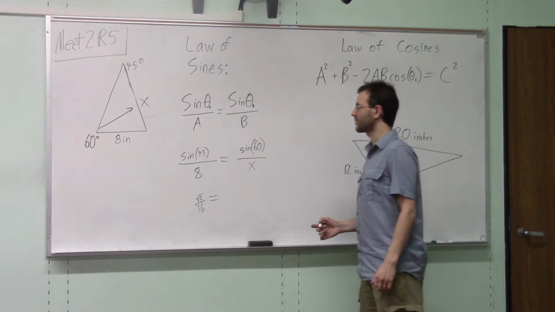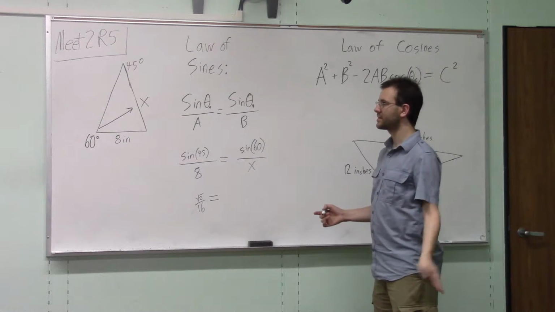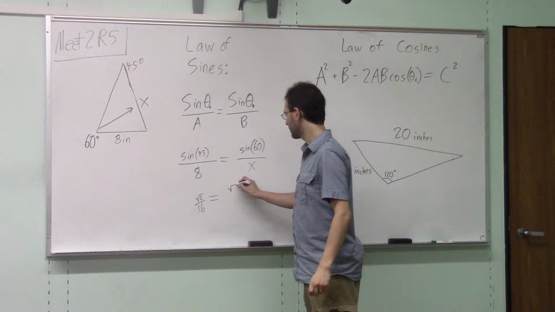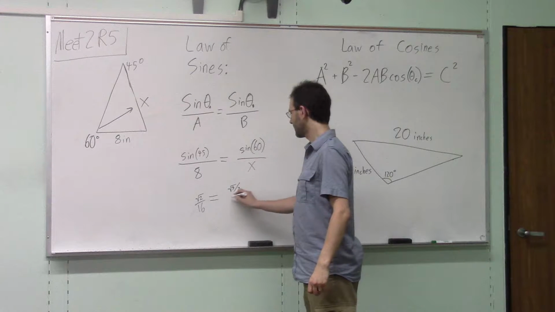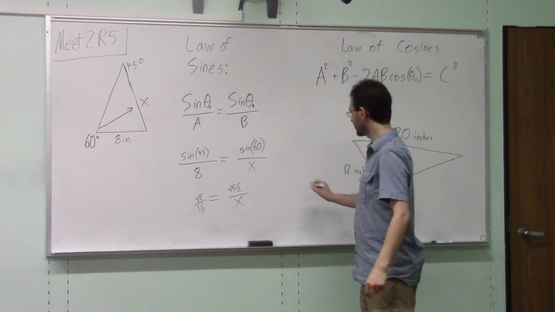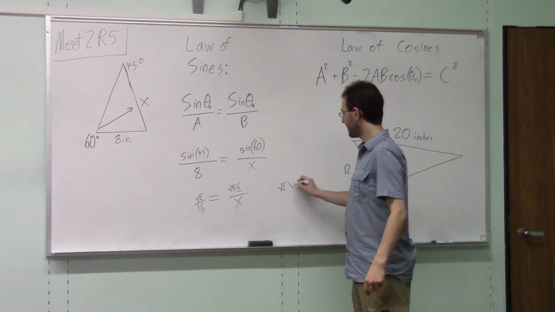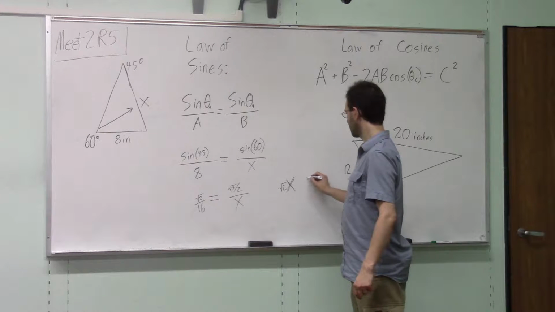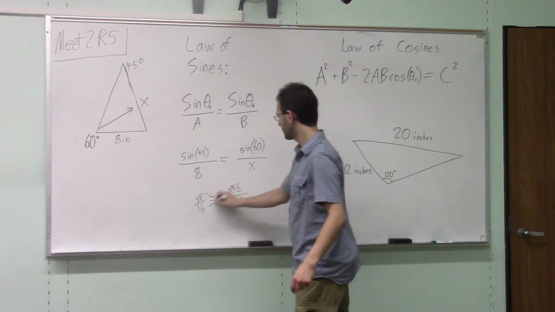Sine of 60 degrees is root 3 over 2 divided by x. I'll multiply both sides by x, and I'll multiply both sides by 16. Cross multiply.